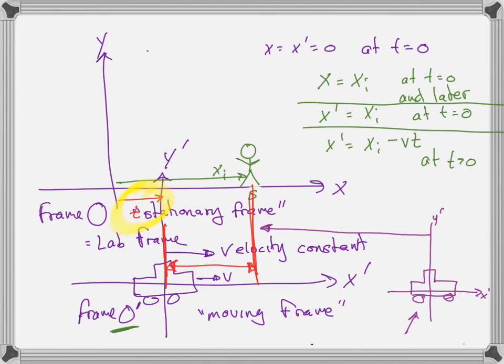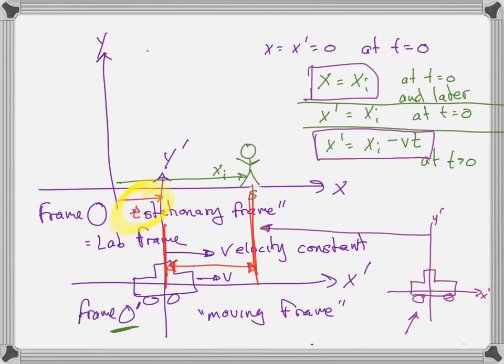So the position x prime gets more and more negative once the car gets away, because vt is getting larger and larger compared to x initial. So the position measured in the moving frame is that, while the position measured in the stationary frame is that.